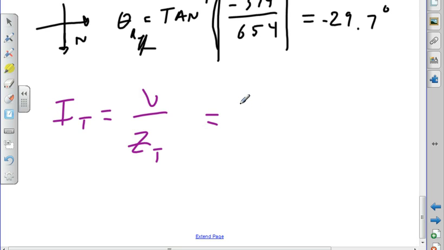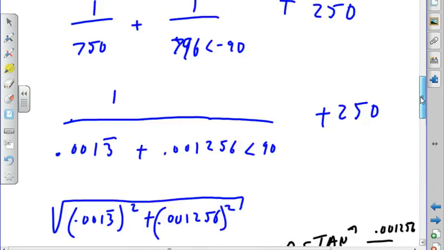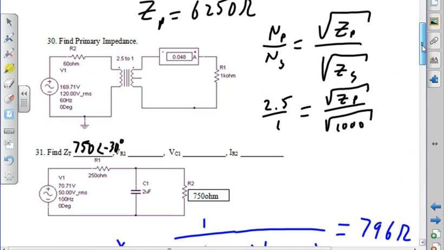And we're going to use the RMS value, so I got 50 divided by 750 angle minus 30. 50 divided by 750, 67 milliamps. 67 milliamps, angle 30. Is that something we want? No, that's not what we want.